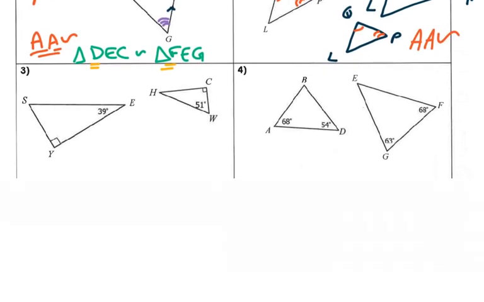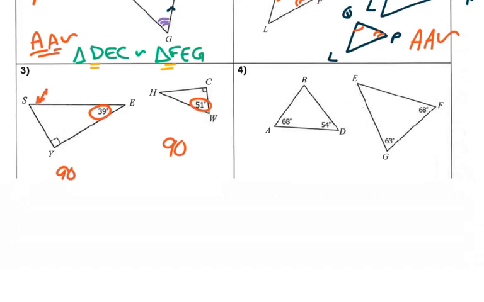For number 3, at first glance, it might not look like they're similar. You have to find the missing angles. Now they have a 90 in common. This triangle has a 90-degree angle, and so does this one. Now, if you look closely, we've got the 39 here and the 51. They don't match up. But this is because we're going to have to find that third angle in this triangle.